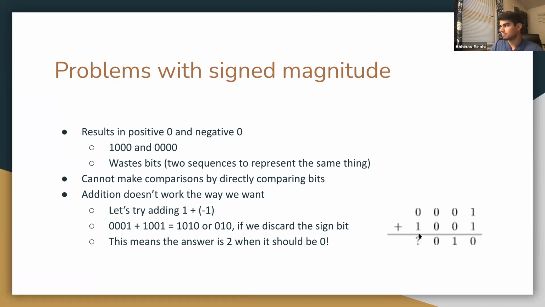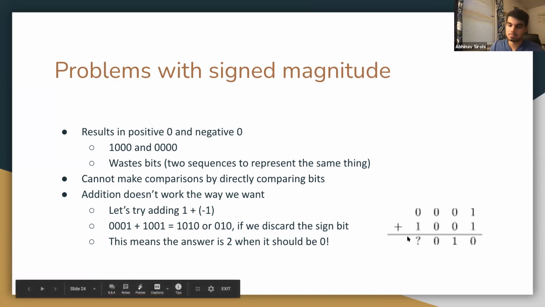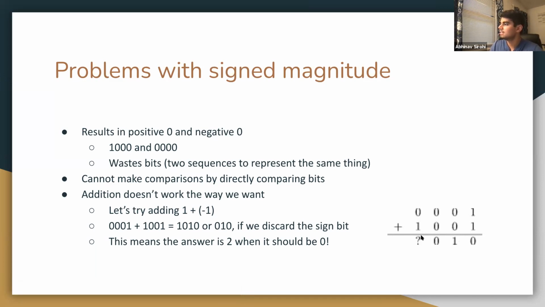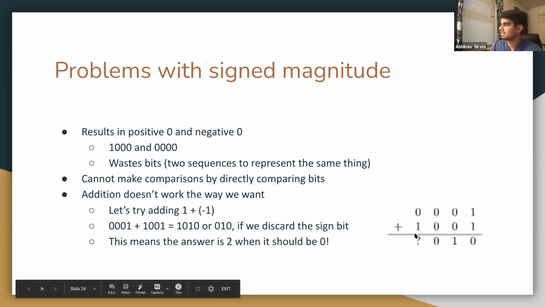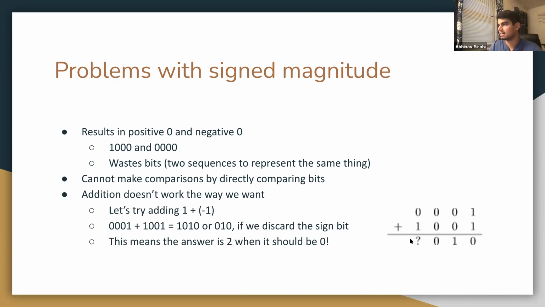And then this is going to be the sign bit in our signed magnitude world, so it doesn't really matter what it is. Now the answer that we got here is 2, either +2 or -2, depending on if we decide to ignore the sign bit or not. But that's an issue because we did 1 plus -1, and we ended up with 2 or -2, depending on how you see the sign bit.